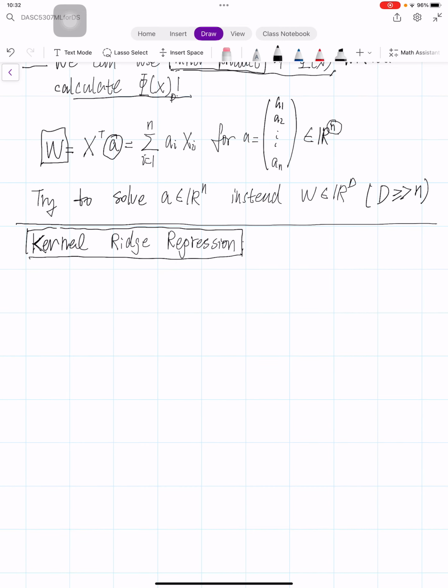How do we apply kernel regression to all the transformed features? First, step 1, we center X and Y.